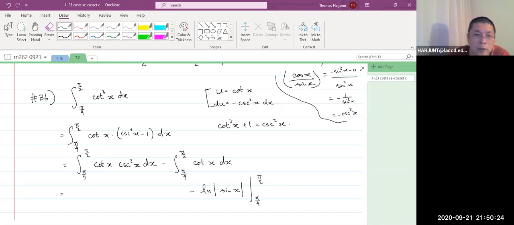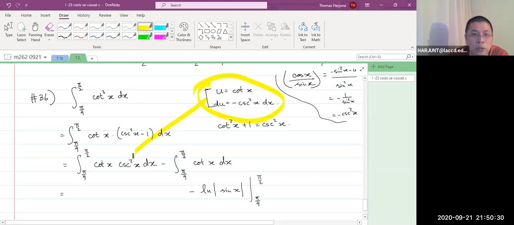For the first one, I need to do the substitution, so I get integral of u times negative du.